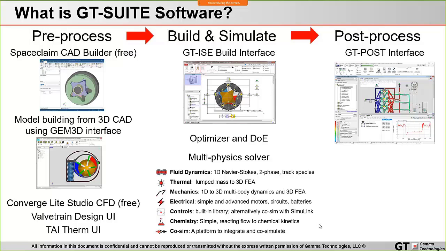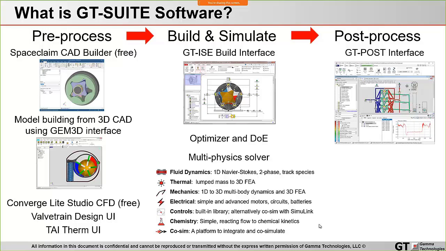And then for combustion type problems, catalyst type problems and things like that, we have a chemistry library that allows you to do simple and reacting flow with chemical kinetics included as well. And then finally, our software works very well with other commercial codes and in-house codes that allows you to integrate directly and co-simulate with other tools.